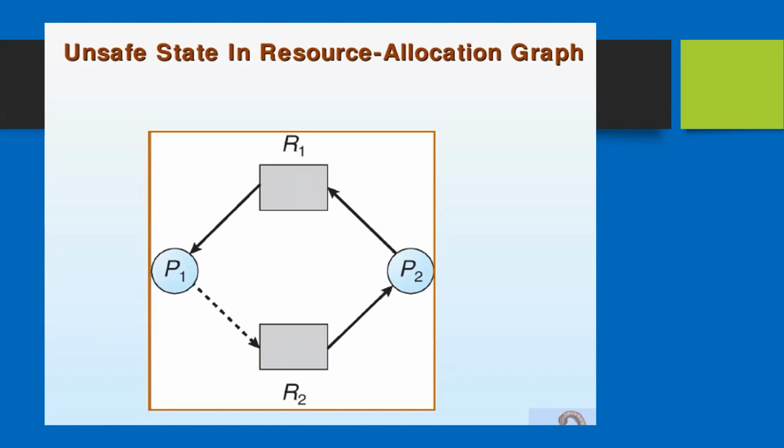So there is a formation of a cycle. As soon as the formation of a cycle occurs, the situation of deadlock arises. Is it clear? I think it is clear.